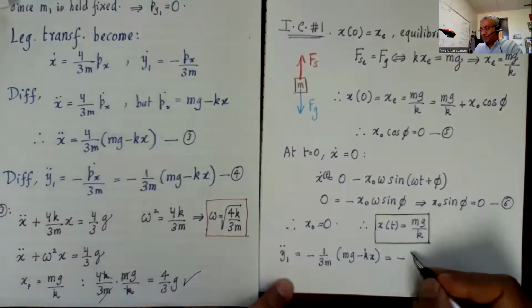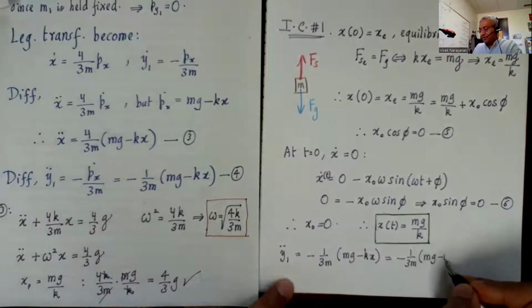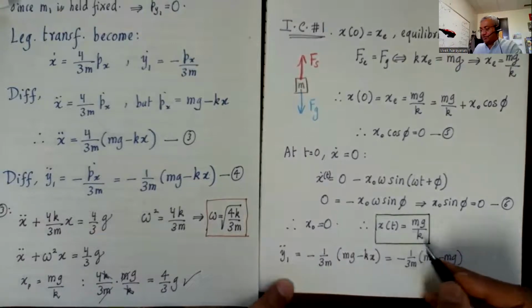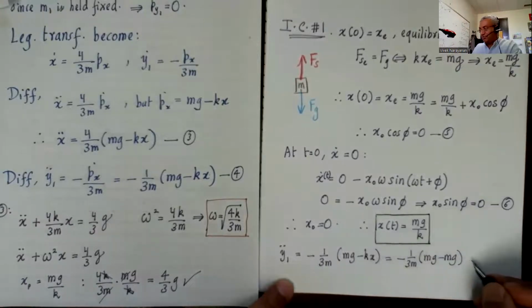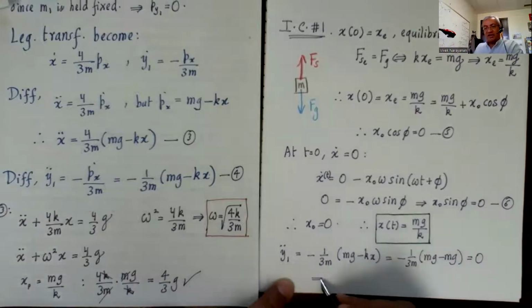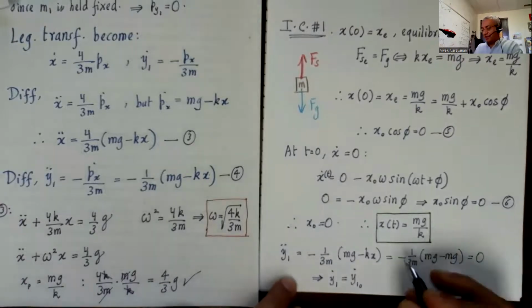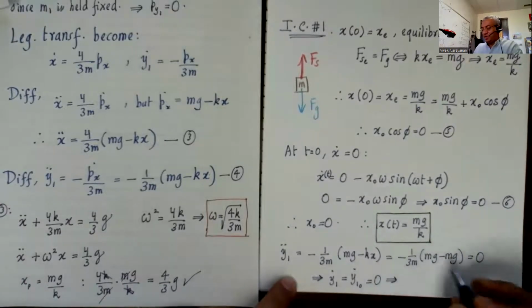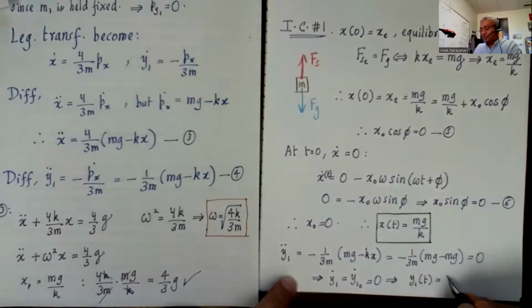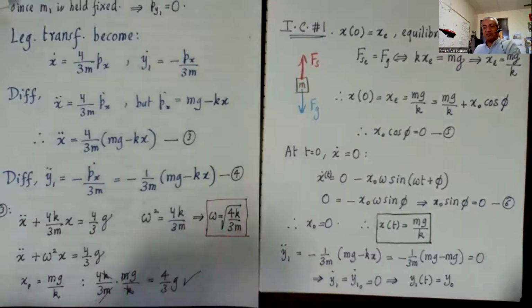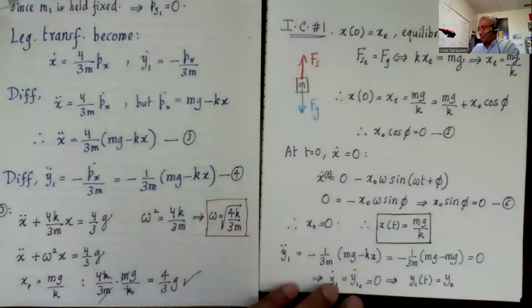So that's going to be negative 1 over 3m times mg minus mg, because kx is just the same as mg. So that gives me 0, which means that y1 dot is just the initial velocity, and the initial velocity is 0, which means that y1 as a function of time is also just the fixed length y naught.